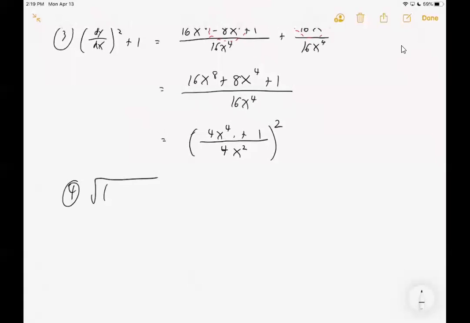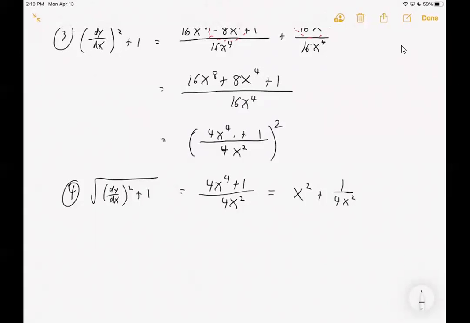So the square root of (dy/dx) squared plus 1 is simply going to be (4x to the 4th plus 1) over 4x squared. All right, now for doing calculus, this is actually not the best way to write the answer. For doing calculus, I want to write that as x squared plus 1 over 4x squared.